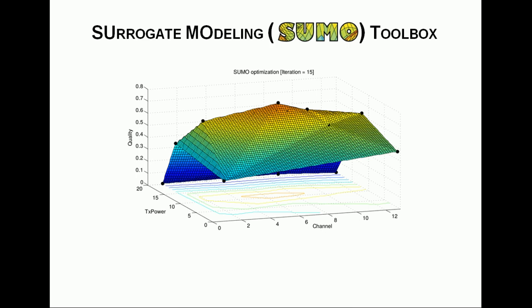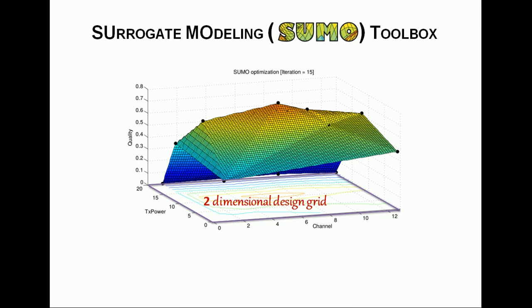SUMO toolbox internally applies the famous expected improvement, in short called EI, to arrive at the optimum settings. The algorithm will start from initial sample points of the design space, and it generates the first surrogate model. For example, if we consider a two-dimensional design space problem, the SUMO toolbox will generate an interpolated surface from the selected sample points.